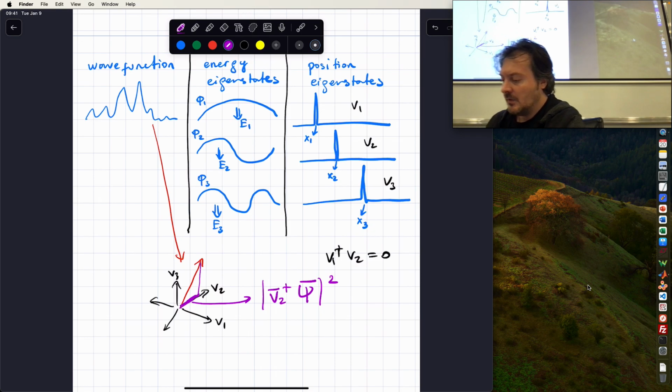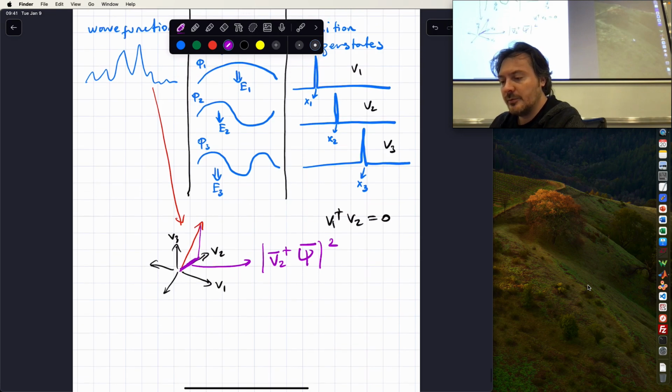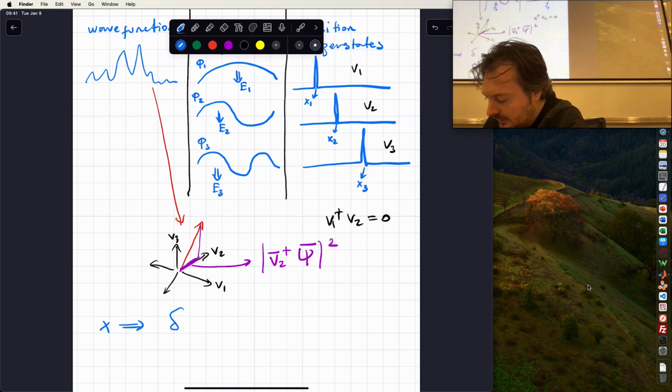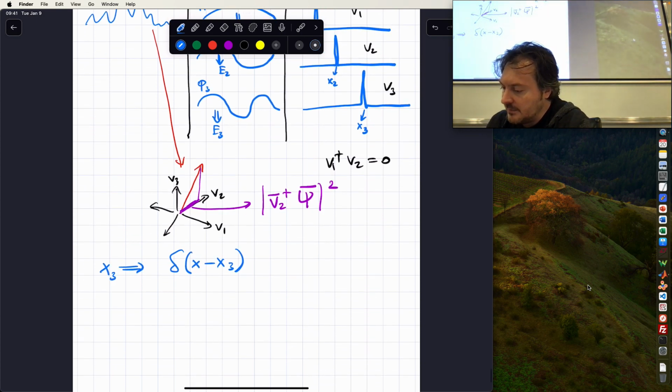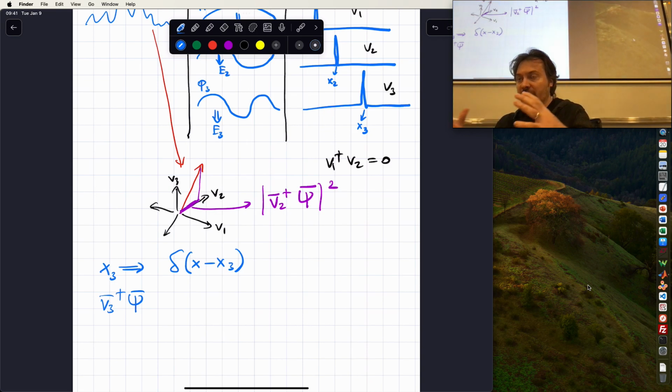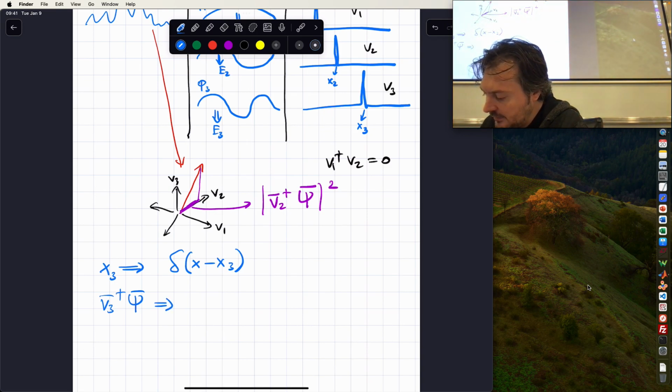Okay? So let's calculate that squared for measuring x. If you are measuring x, then your wave function will collapse into a Dirac delta. Let's say you measured x3, so your function is x minus x3. So you want to find V3 dagger psi. You want to find the projection, the amount of projection there. How do you find it?